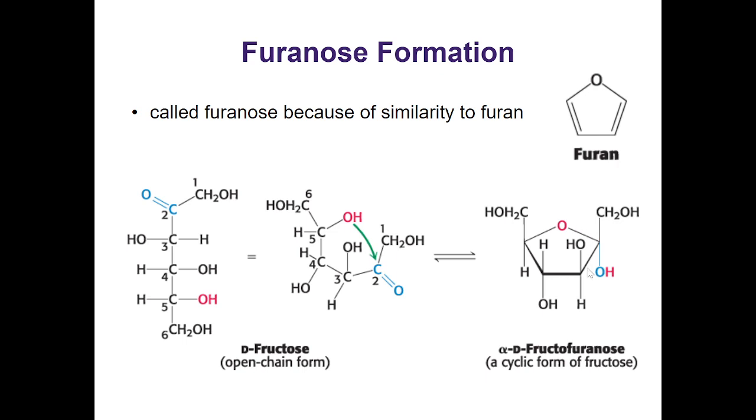We have 1, 2, 3, 4 different things. That means it's an asymmetric carbon, isn't it? Okay. Previously, in this case right here, how many different things did that carbon have on it? 3. That was not asymmetric, was it? So we actually create an additional center of asymmetry, meaning we have to somehow denote an additional isomer being formed, right?